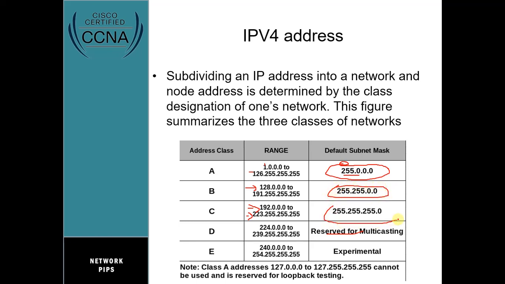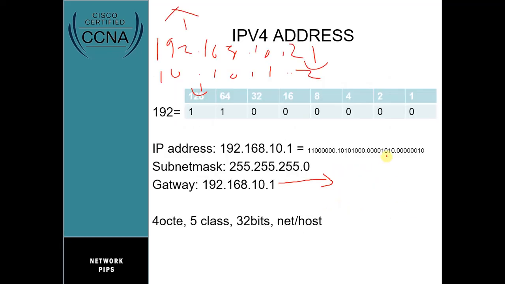To determine the number of addresses on a network, like I already told you, you count the host bits of the host ID. For example, the one I stated here earlier, this is the host ID.